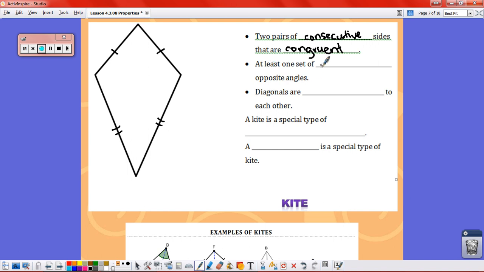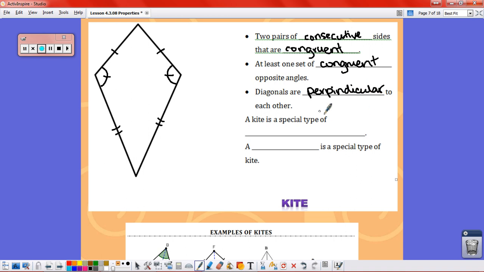They have at least one set of congruent opposite angles. So this angle is congruent to this angle. Diagonals are perpendicular to each other.